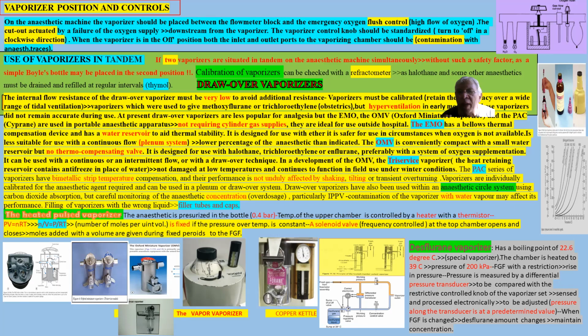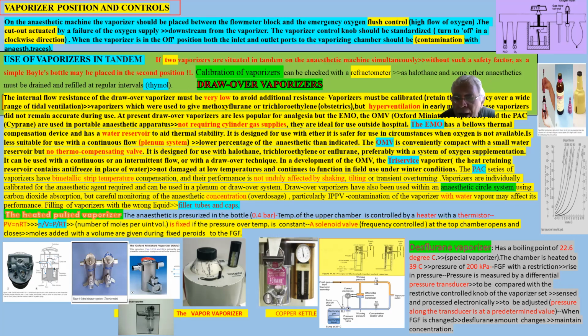This assures that I know the number of moles for the volume given. This assures that I am giving the proper amount of moles according to the flow. So this is what we call the heated pulsed vaporizer, pulsed because it is transmitted through the solenoid valves.